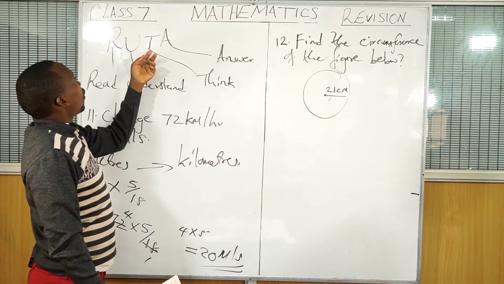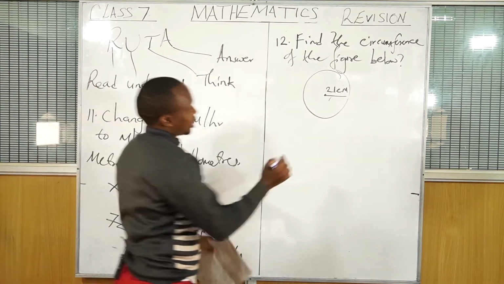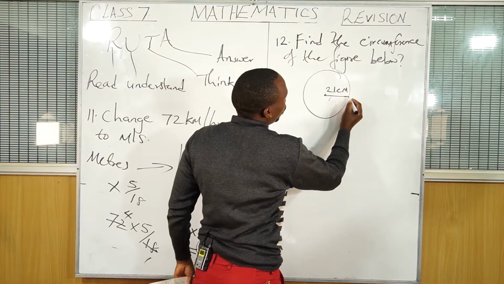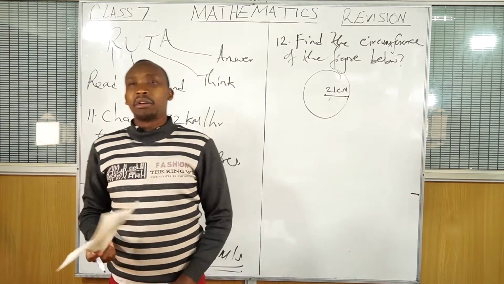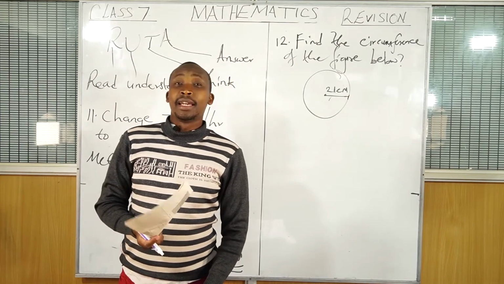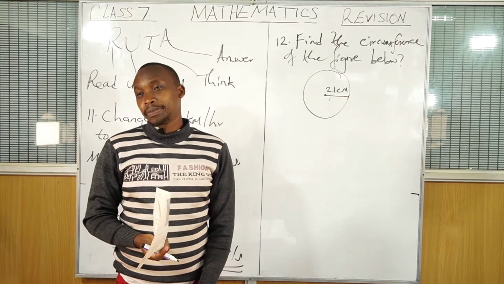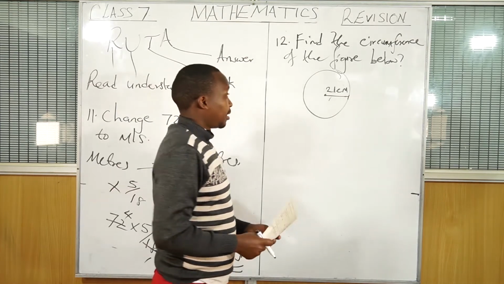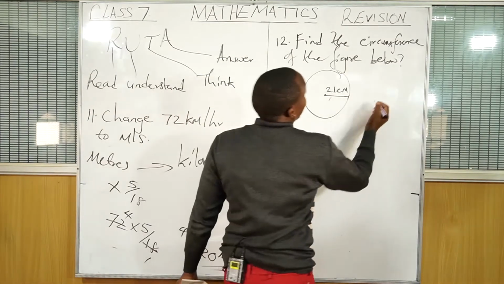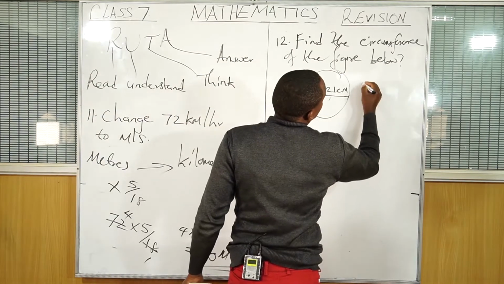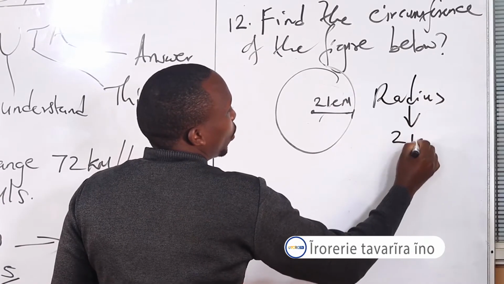Now, for T, that is thinking, you ask yourself, before we continue, who can tell us, is this the diameter or radius of the figure below? Yes, that is the radius. The radius is 21 centimeters.